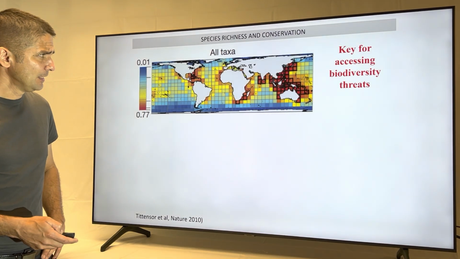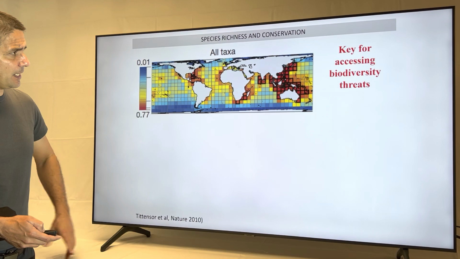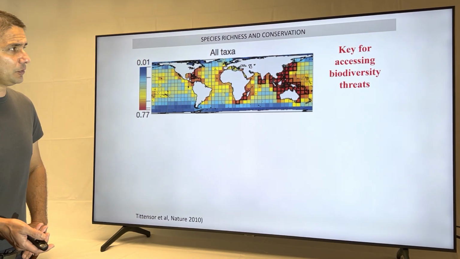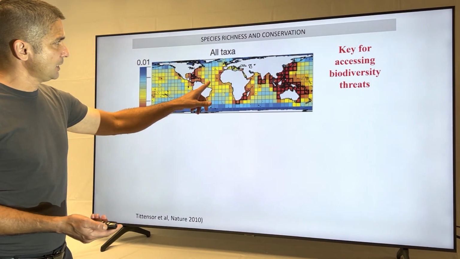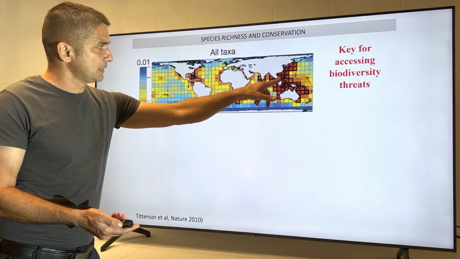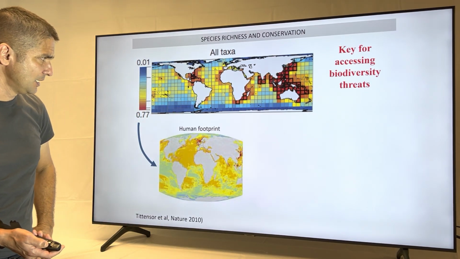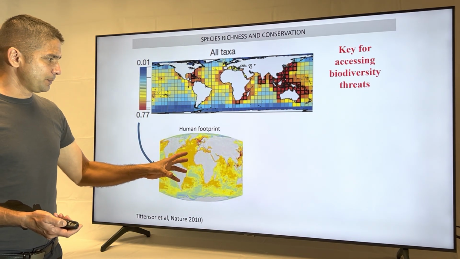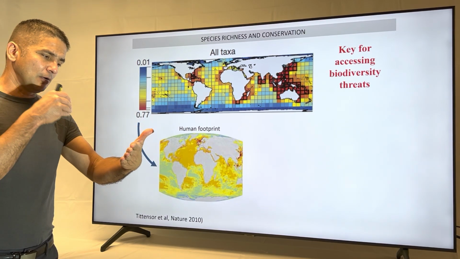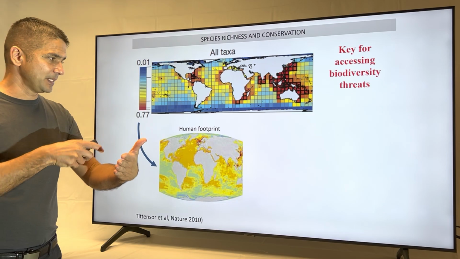Here's another example that was done by Derek Tittensor in his paper in Nature, where he analyzed the same thing but in the oceans. And here you can see the diversity of all taxa in the world, and in black are those polygons that had the highest diversity of species. He correlated that against the human footprint in the ocean, which is a cumulative index of the magnitude of different impacts that are happening on every single pixel in the world.